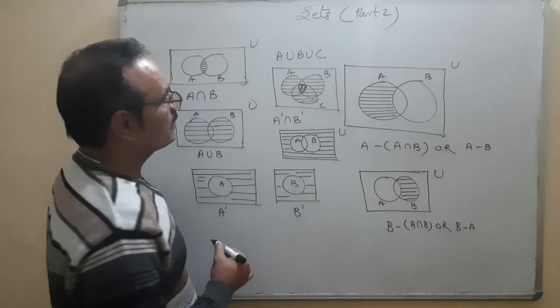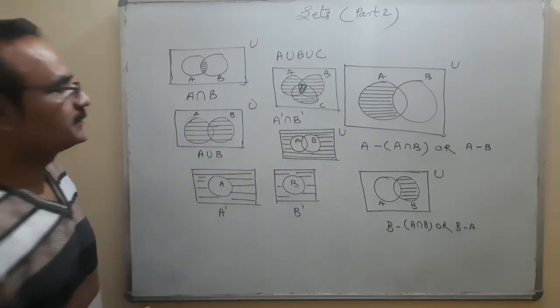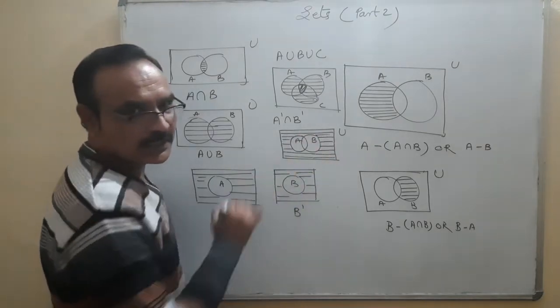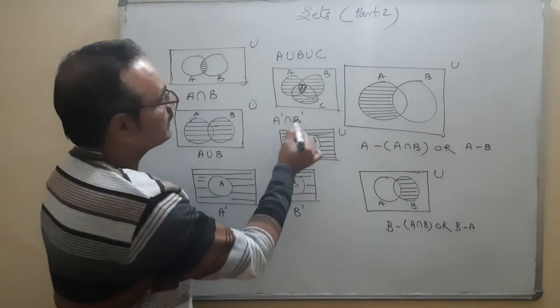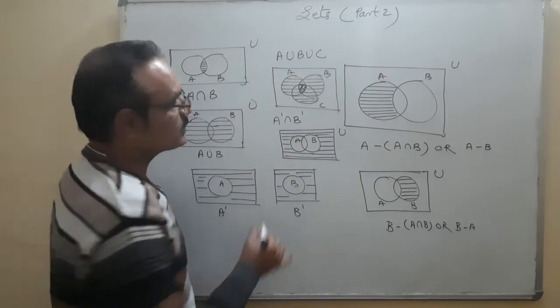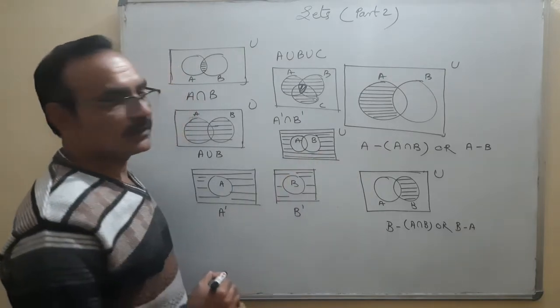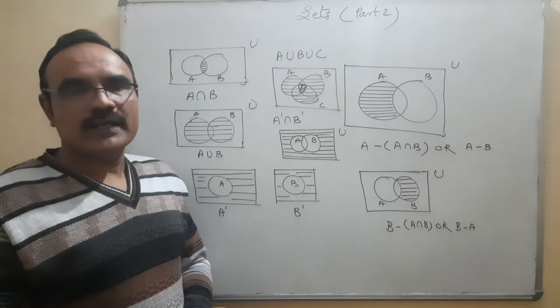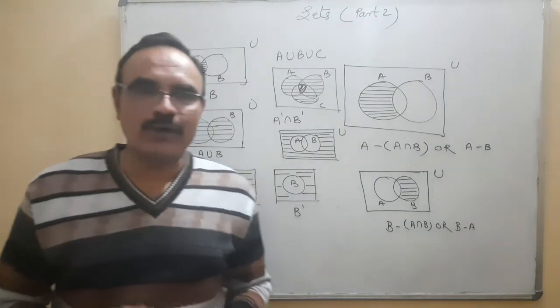I'll explain how. A complement, apart from A, whatever the portion is, is covered. B complement, apart from B, the portion is covered, and their intersection means their common portion. So this portion is common. This will not be common because it is coming one time only. So we can express any relation with the help of these diagrams. Very useful, very important diagrams.